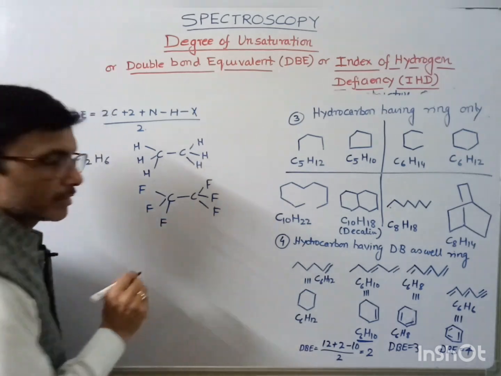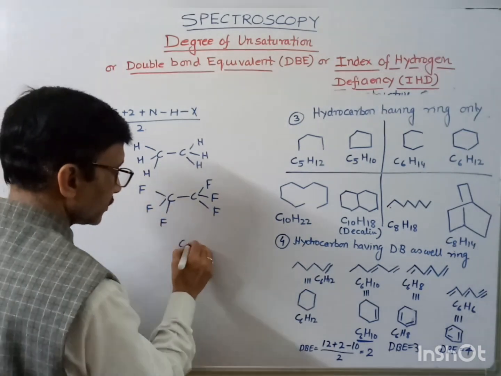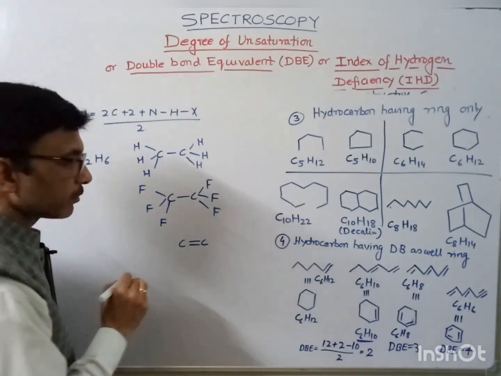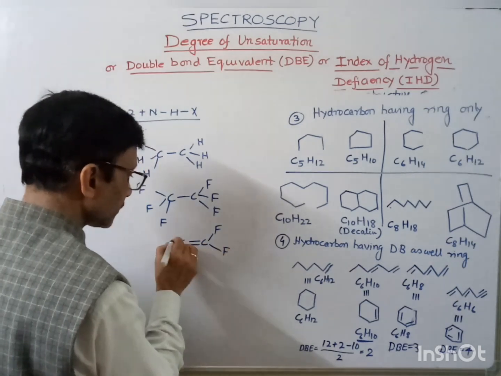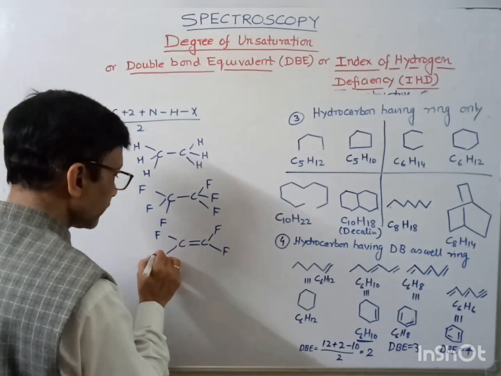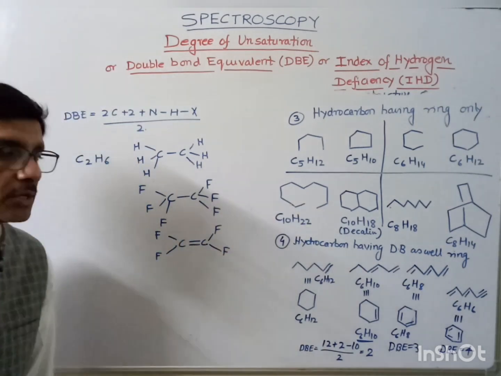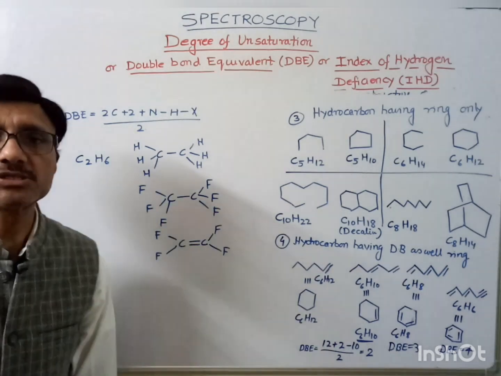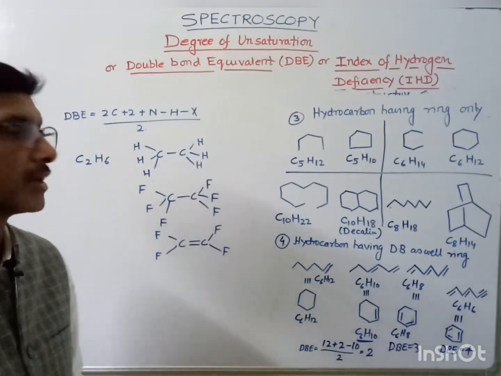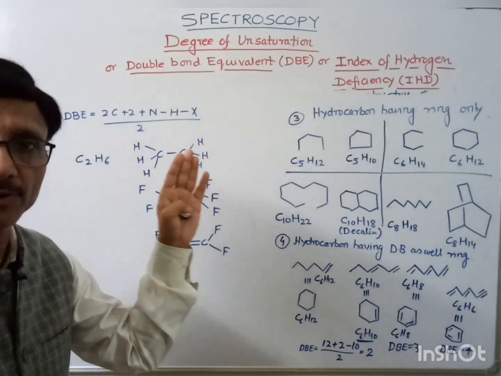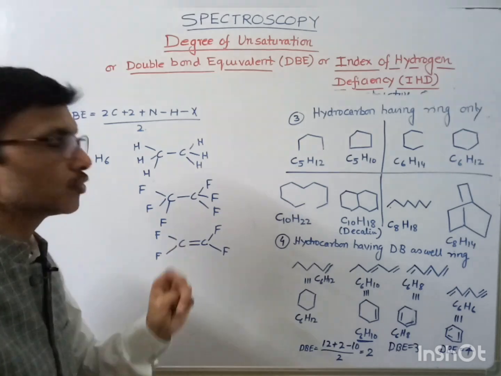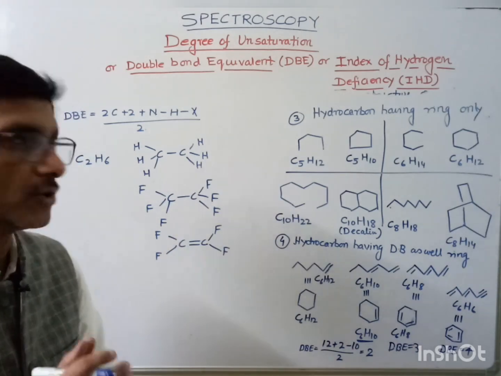If we put a double bond, then the number of fluorine atoms will reduce by 2. So a double bond also reduces the number of halogen atoms, similar to the number of hydrogen atoms.